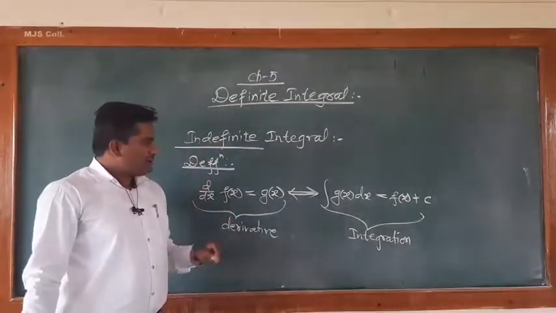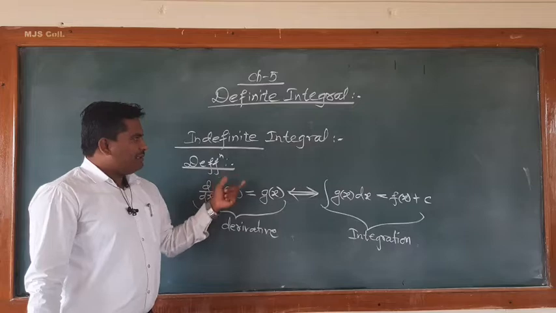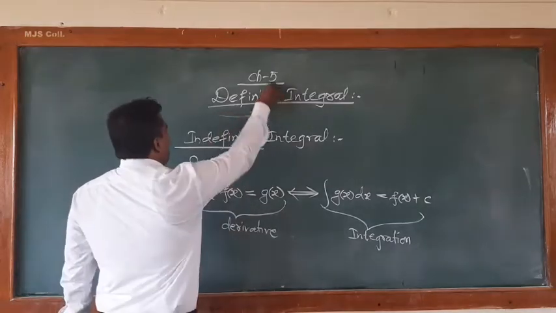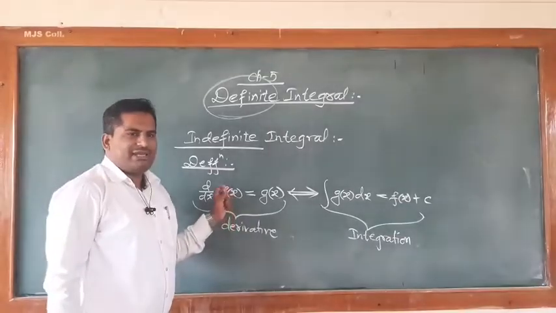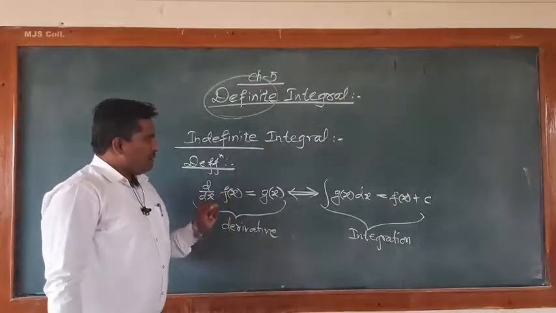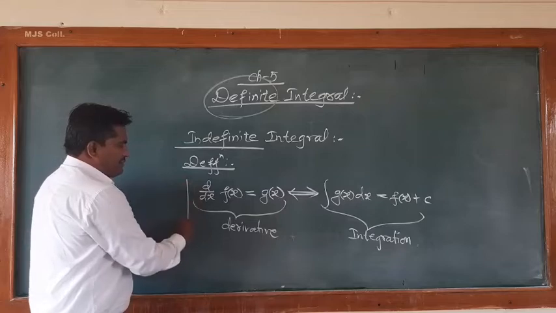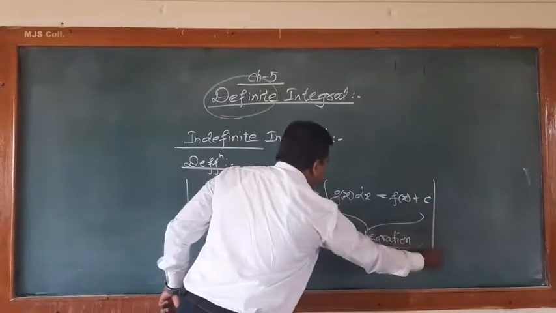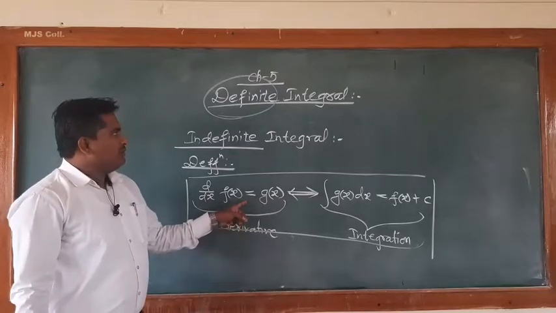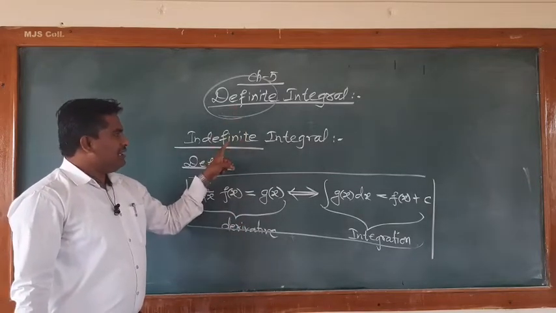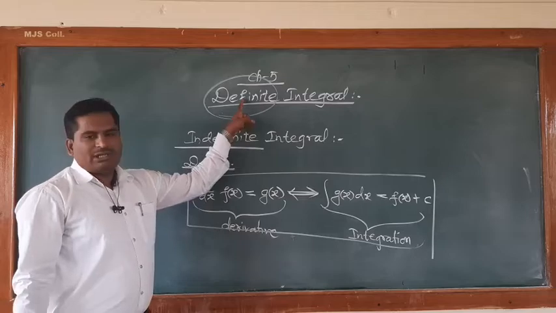And in definite integral, the constant of integration does not appear. Through this definition of definite integral, we want to know the change in indefinite integral with respect to definite integral.